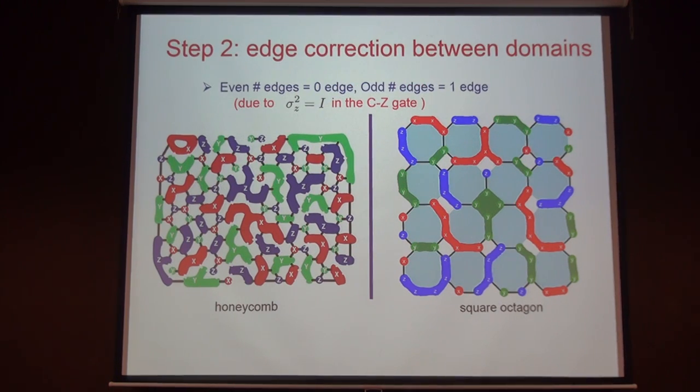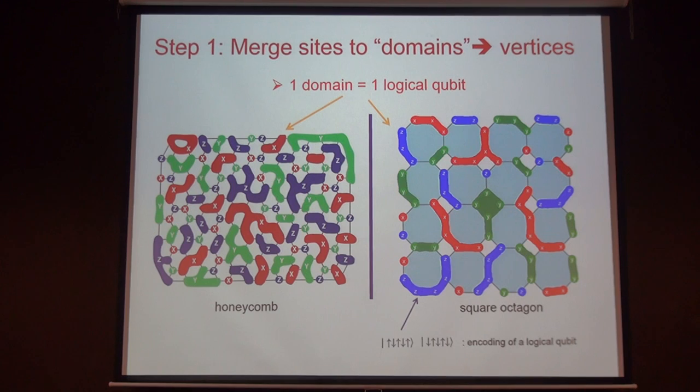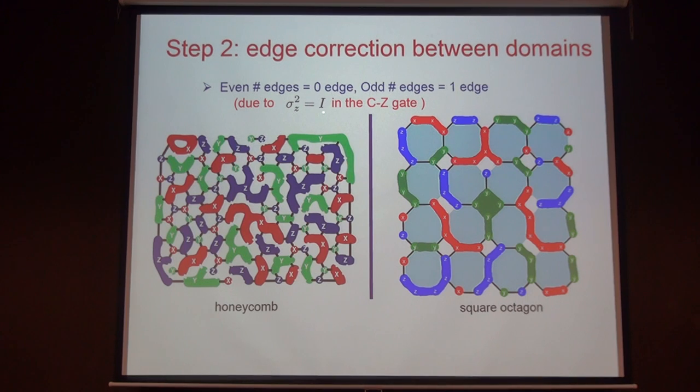Okay, and so once I identify the vertices, that's this number. And the edges, E, there simply is the number of edges connecting one domain to the other. But the edges for the graph state need to be reconstructed in a way that if you have an even number of edges connecting two domains, effectively there's no edge connecting them.